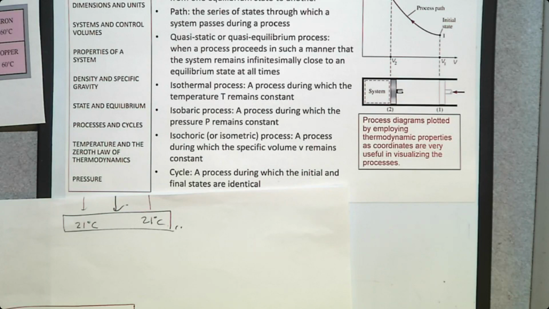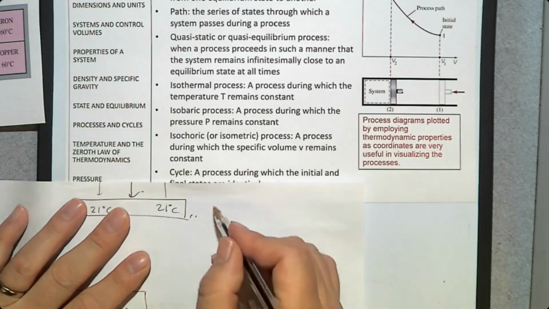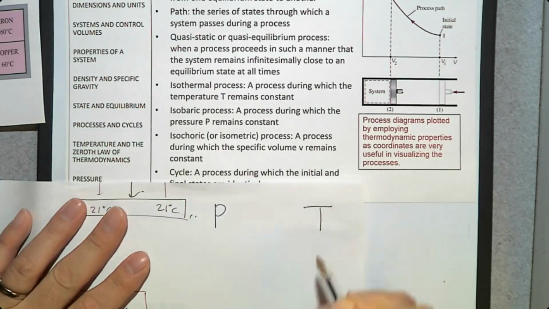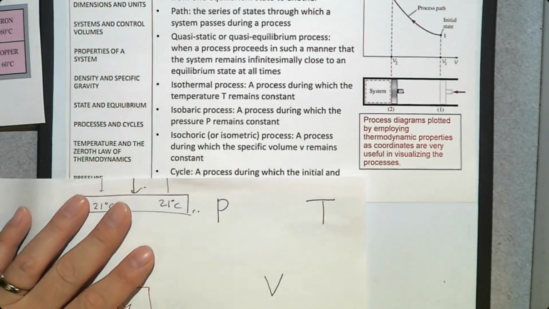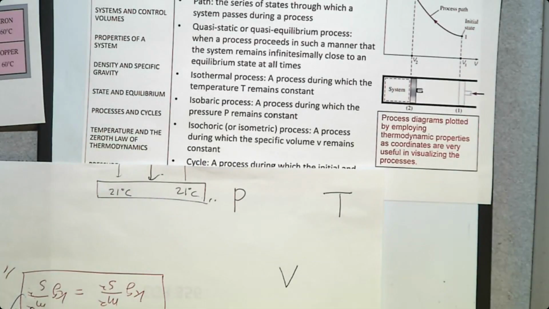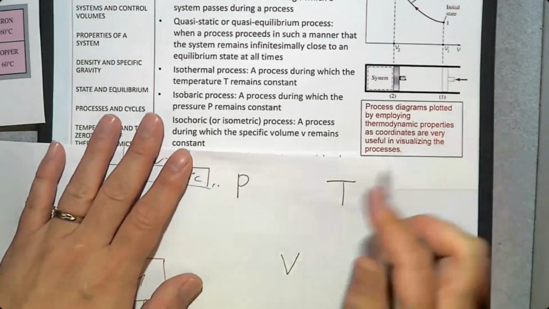If you consider that you have a closed system, you can neglect mass, then what you have? Pressure, temperature, and volume. So let's talk about pressure, temperature, and volume. Then let's talk about the relation among the three.